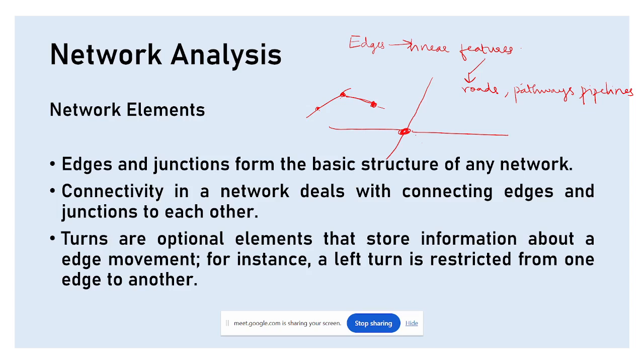Then, as for turns, turns are not very mandatory elements in network elements, but it's better that you know that. So turns define restrictions or costs when moving between edges at a junction.